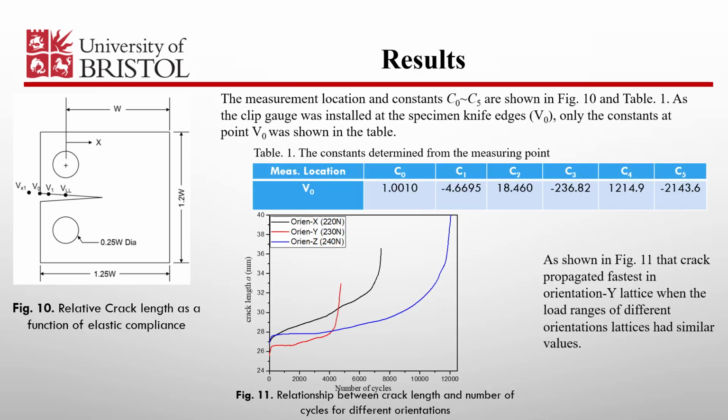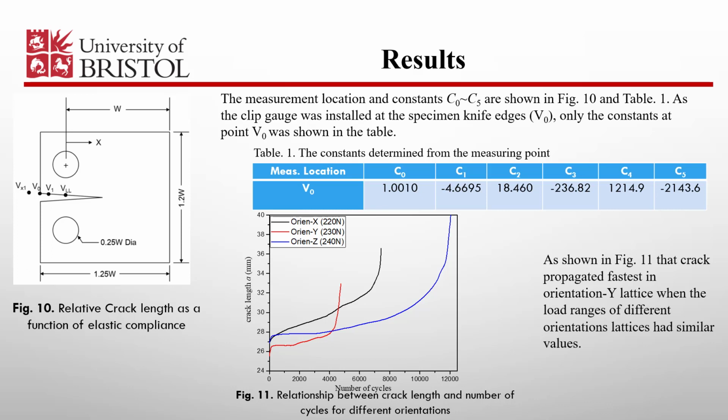The measured location and the constants C0 to C5 are shown in Figure 10 and Table 1. As the clip gauge was installed at the specimen load edge, only the constants and point V0 are shown in this table.